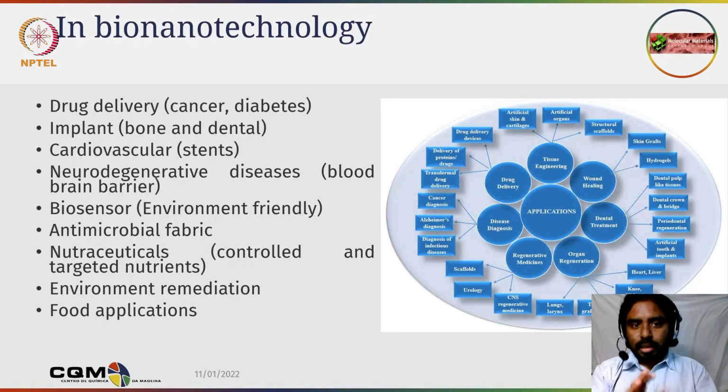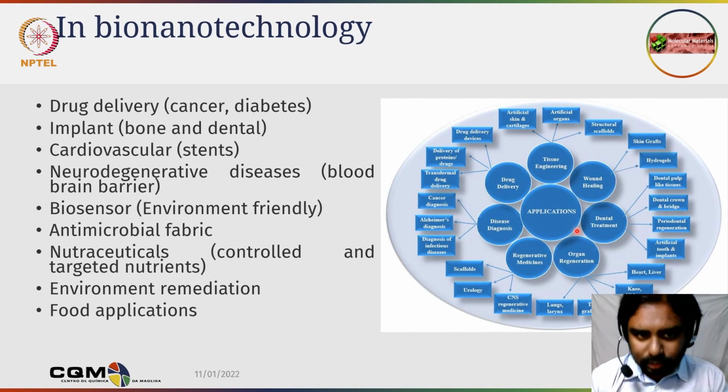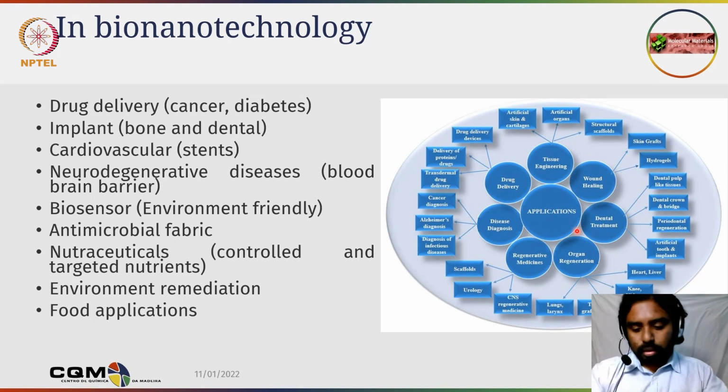In bionanotechnology, what are the benefits of these bionanomaterials? You can use them for n number of applications. The first one that comes to every researcher's mind is drug delivery, to deliver an anti-cancer drug or insulin, which helps in the treatment of cancer and diabetes.